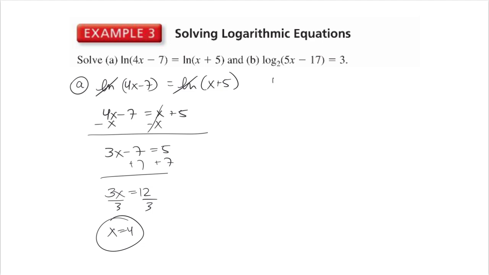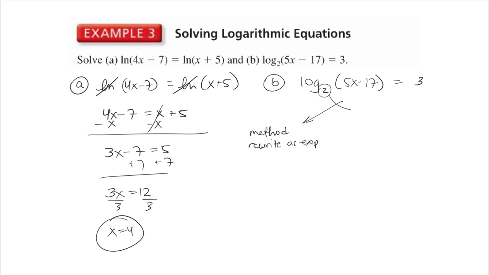What happens when we get to problem B, though, where we have a log on one side, log base 2 of 5x minus 17 equals 3? Well, we can solve this two ways, okay? Method one is to rewrite as an exponential function, which means we learn how to do that.